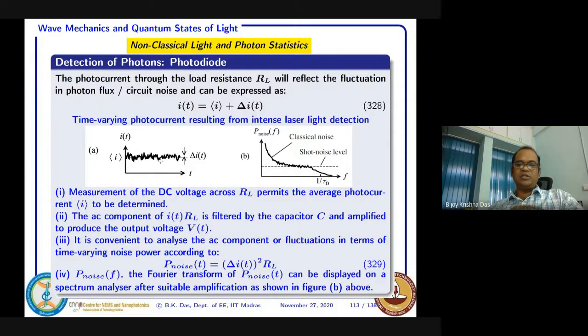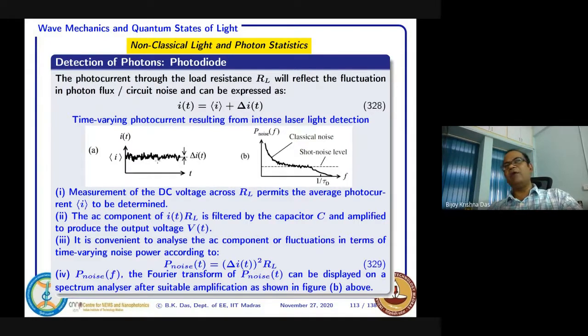If it is a CW laser, so-called constant intensity is there. Constant intensity means we assume that as a function of time the intensity is constant, but in fact the photon number generating your current fluctuates, and around that average point you will see some kind of AC oscillation, some delta I(t), some deviations as a function of time.